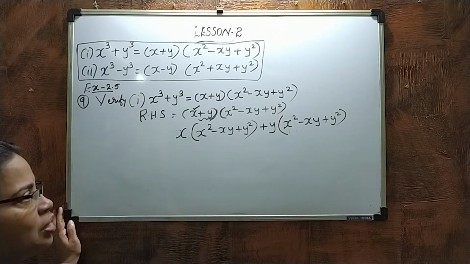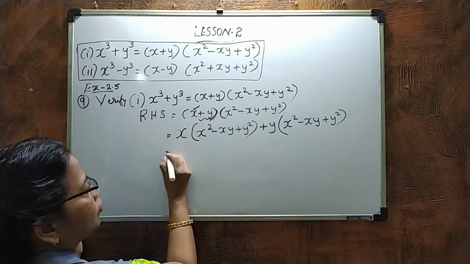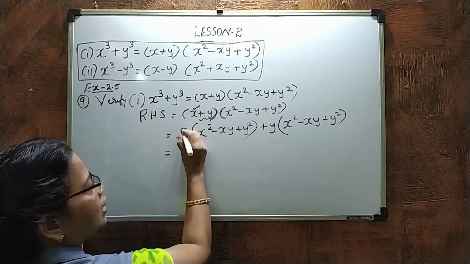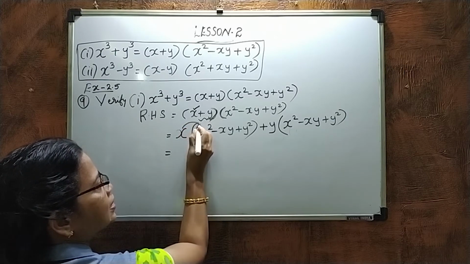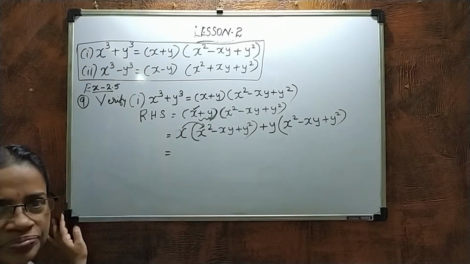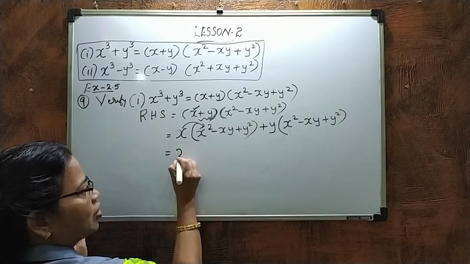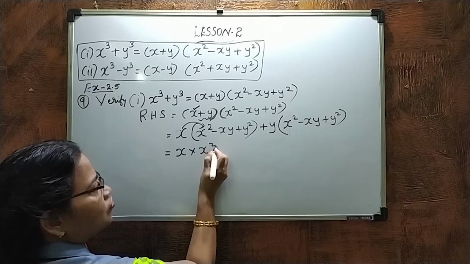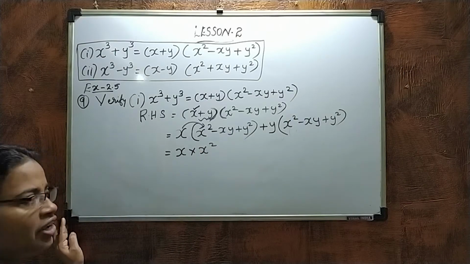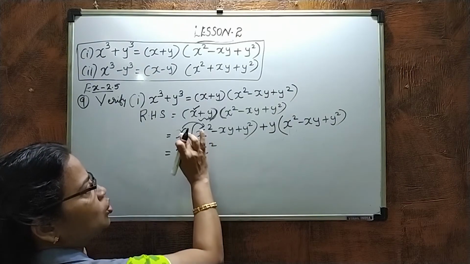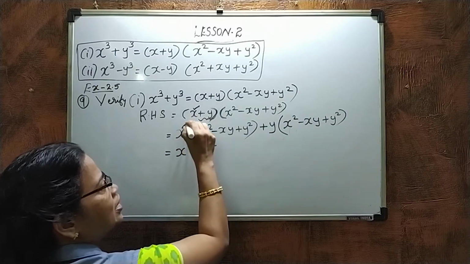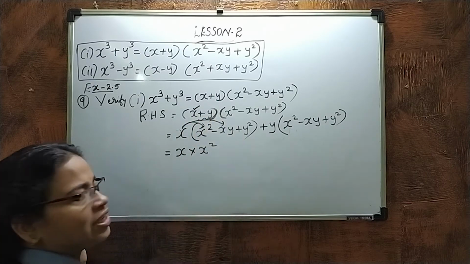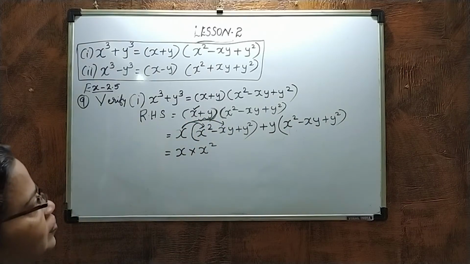Here again multiplication. So we are going to multiply x into x square. First term we multiplied. Again the second term is there. So we have to multiply this x with minus xy. Right?